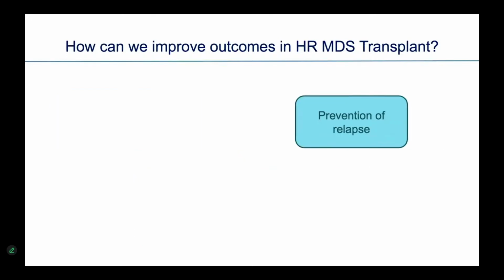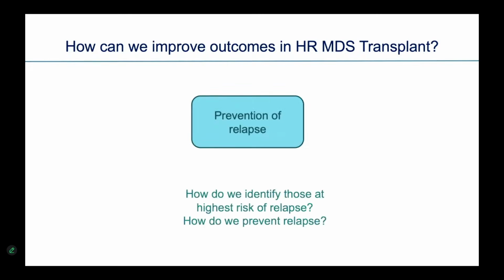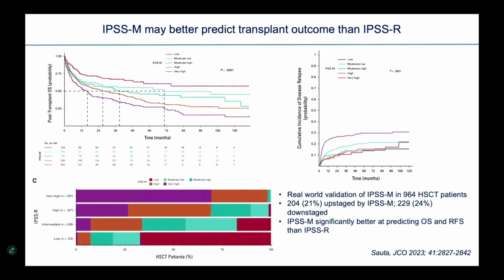So finally, in the last section, how can we actually try and prevent relapse? And how can we identify those patients who are at the highest risk of relapse? So we know that the IPSSM itself could better predict transplant outcomes than the IPSSR.